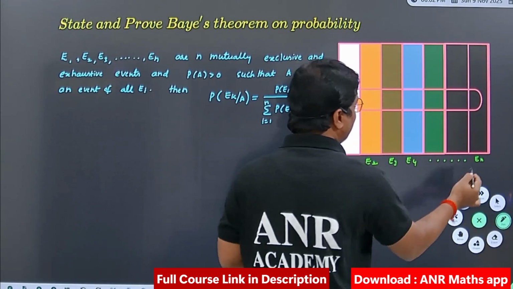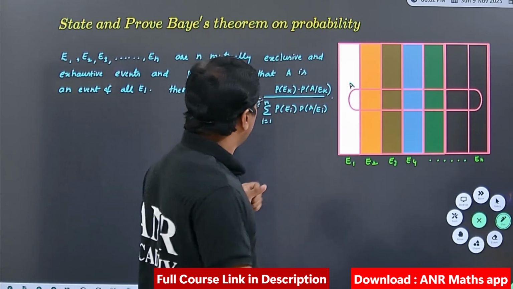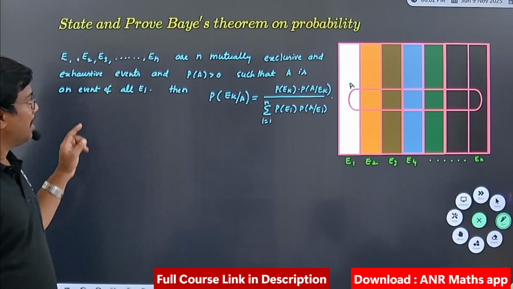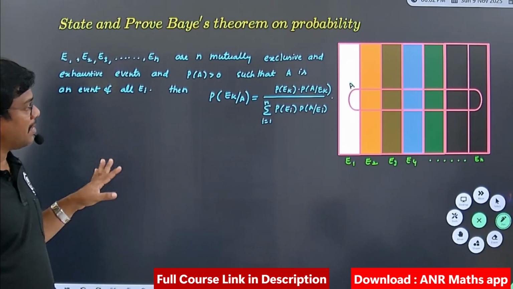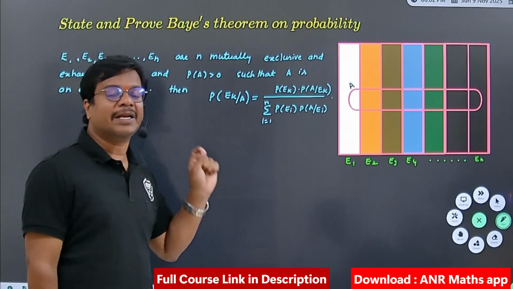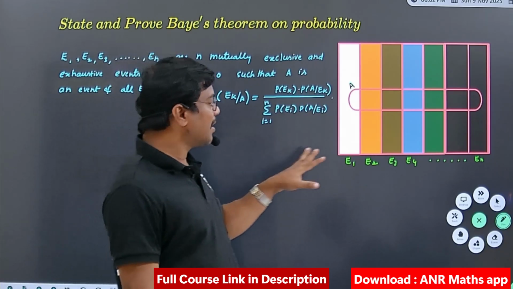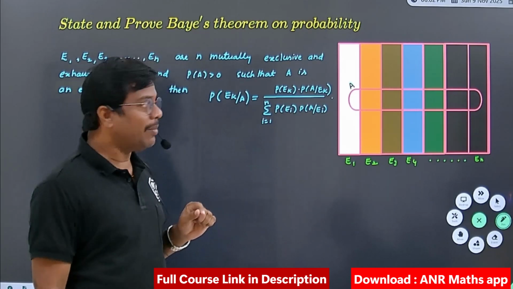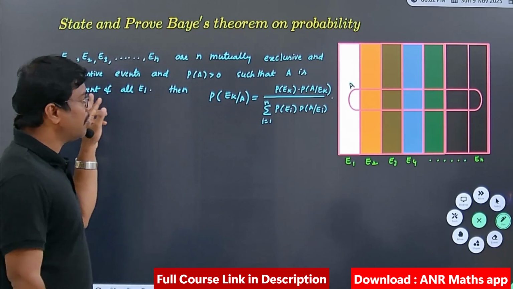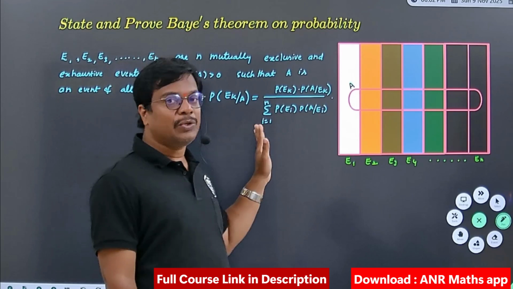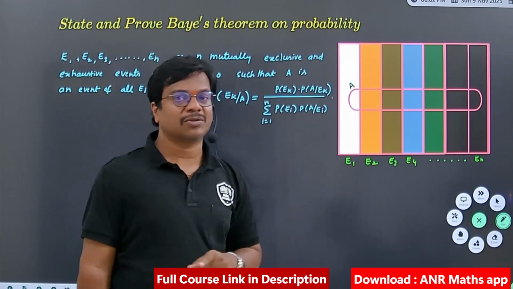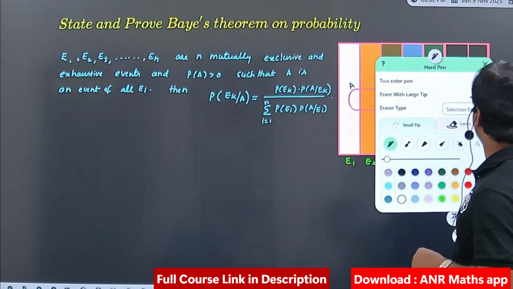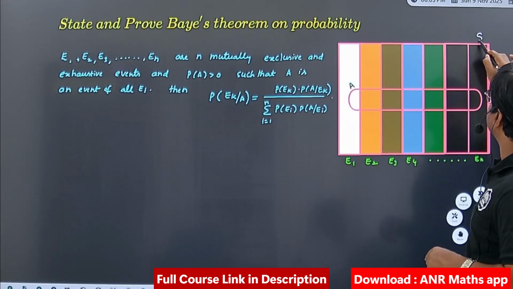You know that mutually exclusive means their intersection is empty: Ei intersection Ej, whatever events you choose, they are disjoint. And exhaustive means the union of E1, E2, E3 and so on En is the sample space S.